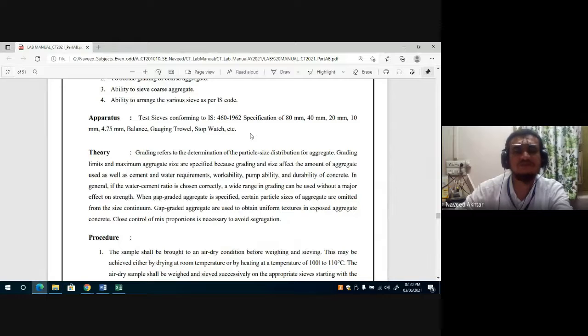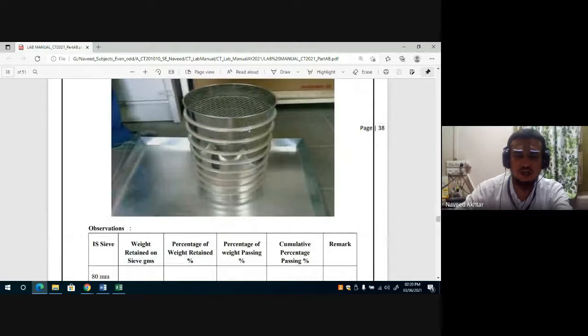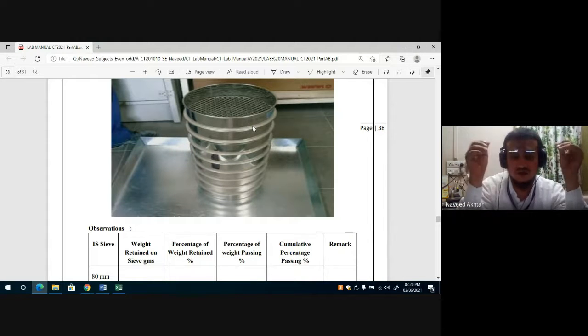So these are the sieves based on IS 460/1962, and you can arrange these sieves like this: at the top the 80 mm sieve, then 40, then 20, then 16, then 12.5, then 10, then 4.75, and then the pan.